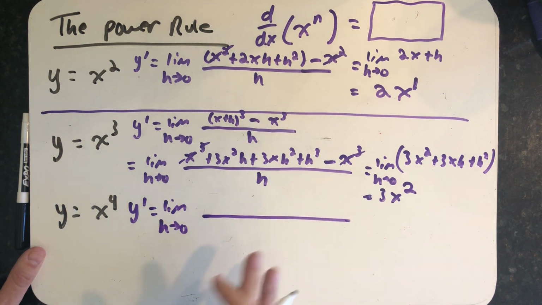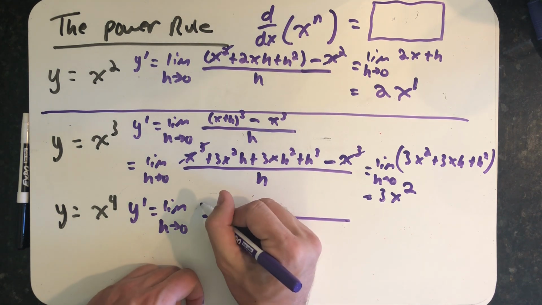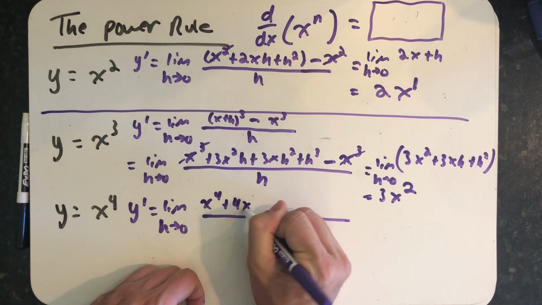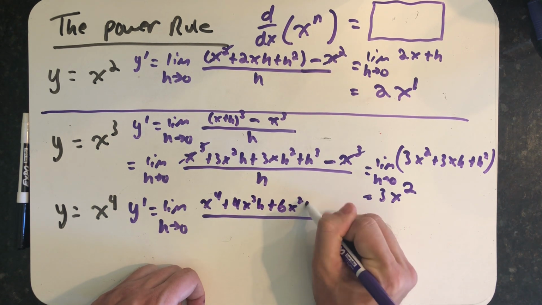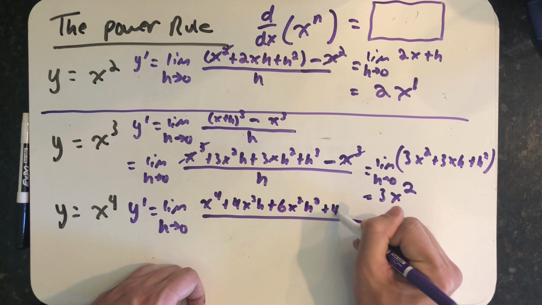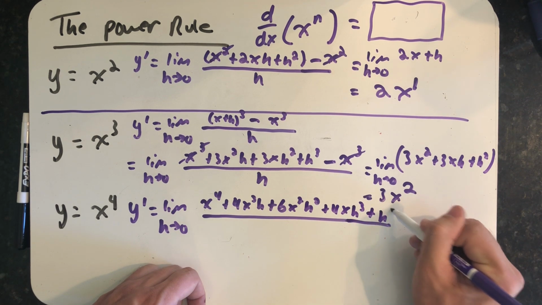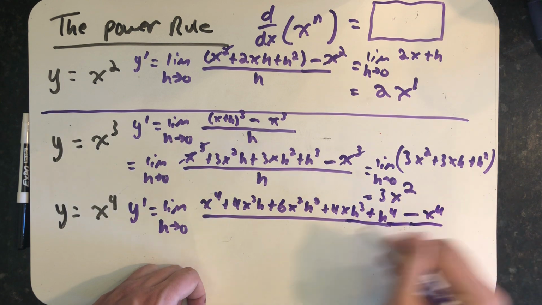All right, so now I need x plus h to the fourth minus x to the fourth. So we found x plus h to the fourth on my other board, so I'm just going to write it down. X to the fourth plus 4x cubed h plus 6x squared h squared plus 4xh cubed plus h to the fourth minus x to the fourth, all over h.